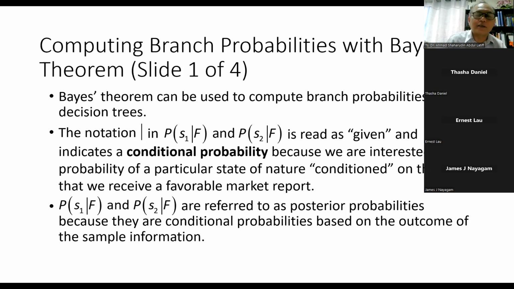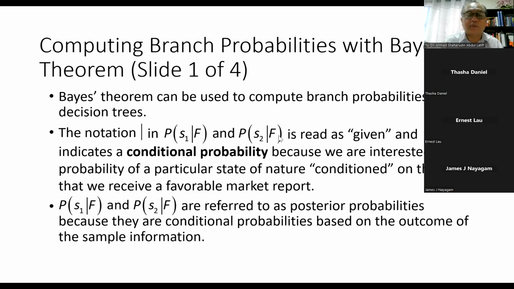So to compute a branch probability for a decision tree, we use conditional probability. S1 is given that F, a favorable market report, has happened, and likewise S2.